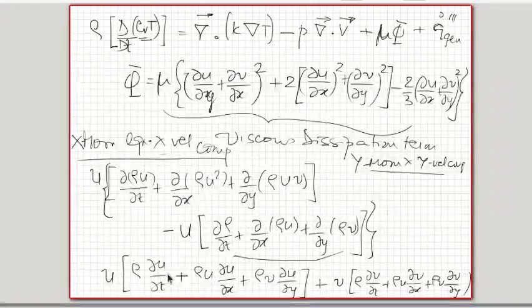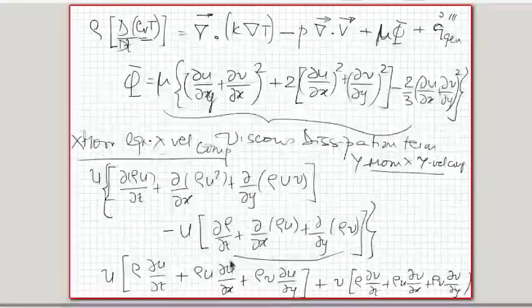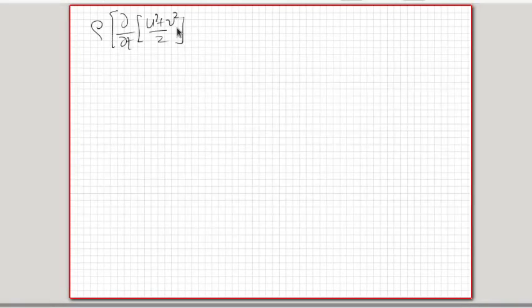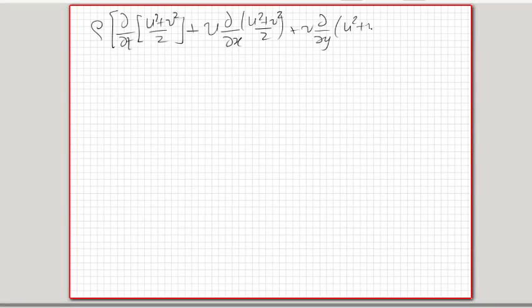Then it becomes del by del t of u squared, and this also becomes your del by del x of u squared, del by del y of uv, and so if you add the terms together, then you get rho times del by del t of u squared plus v squared by 2, plus u del by del x of u squared plus v squared by 2 plus v del by del y of u squared plus v squared by 2.